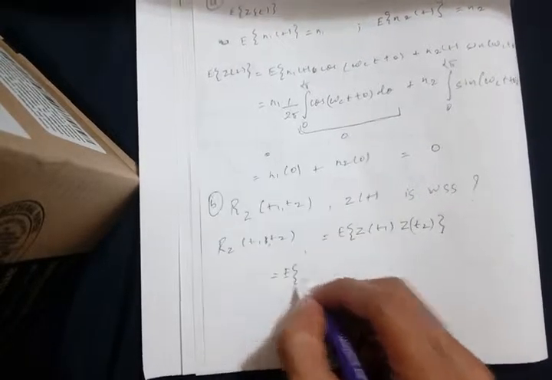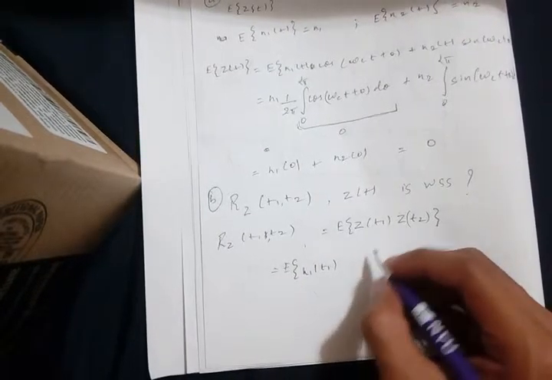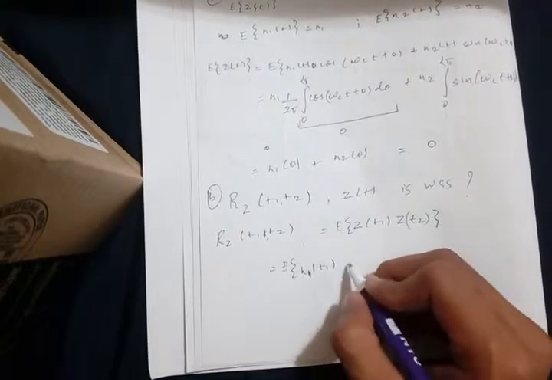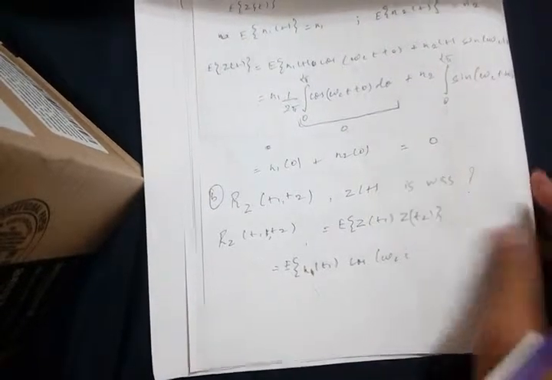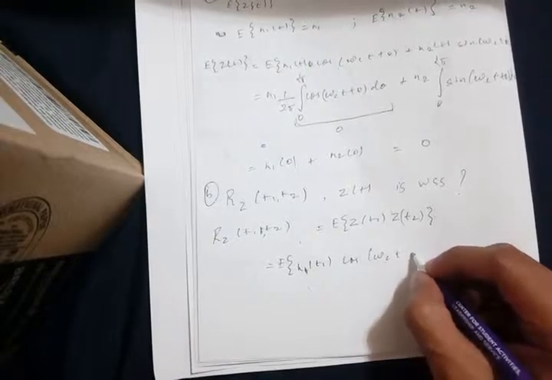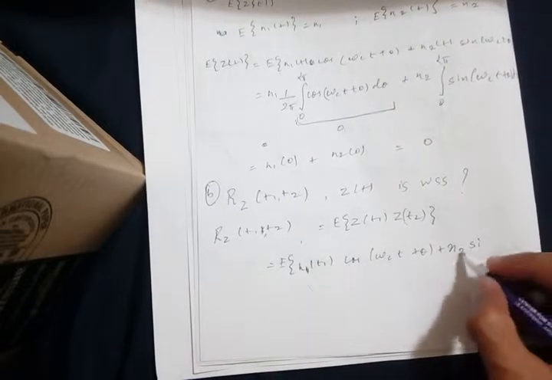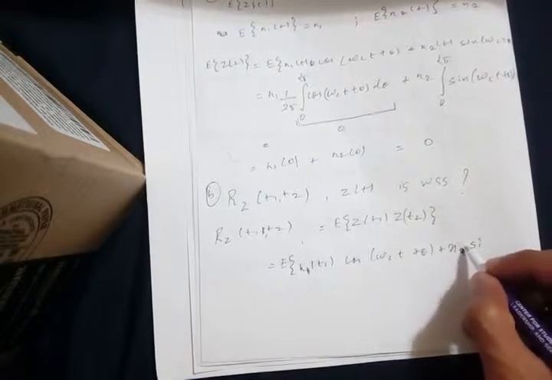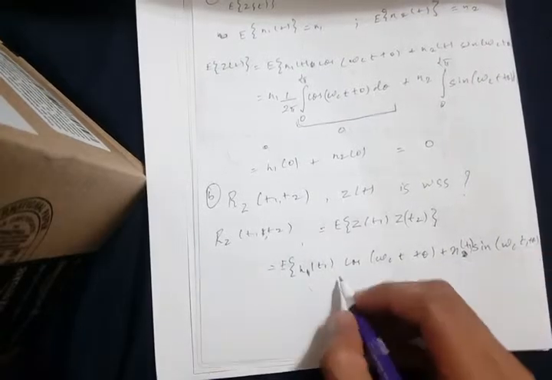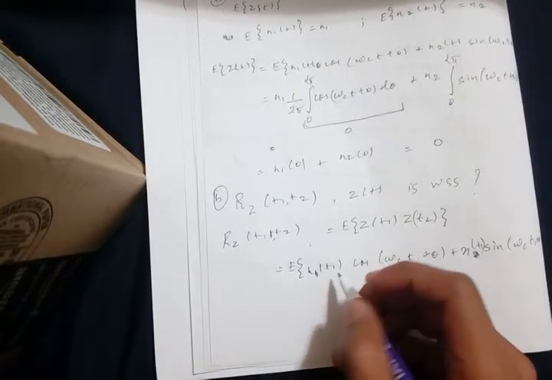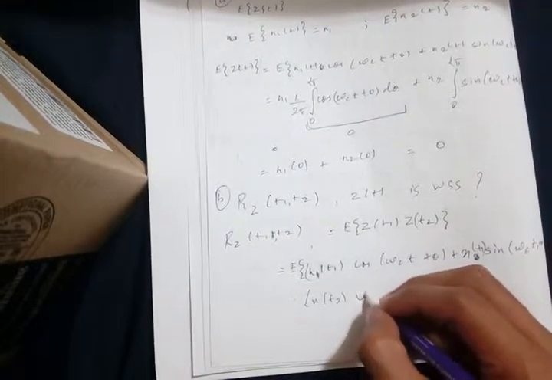So this is E of z of t1. Z of t1 is n of t1, sorry, it's not n1, it's n at time t1, into the entire function at time t1, and multiplied by the same function at time t2.